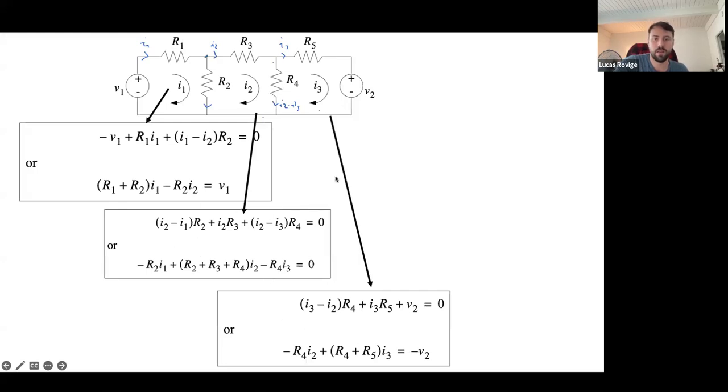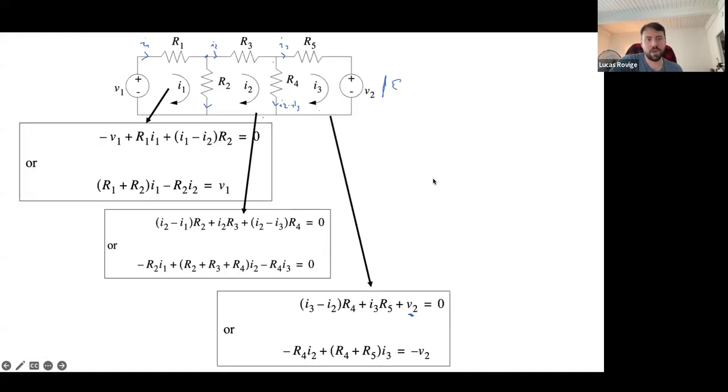And then we can do the same in the third loop. This time we also have an EMF source here, so we have to take that into account. If we do that, we obtain the third equation linking I3 and I2 here, and the potential V2 that's given by the problem.